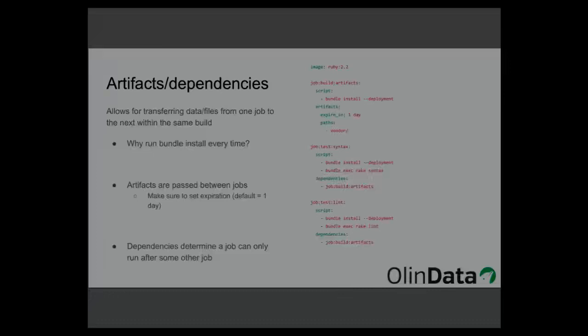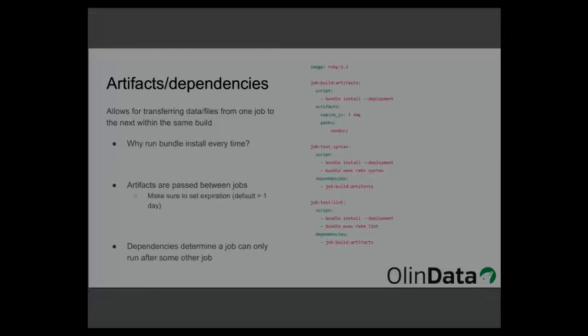So everything that's in the vendor path will, after this job is done, be zipped up and sent to GitLab, where this job then downloads it, because these jobs can actually be running on different runners, on different physical machines, on different virtual machines, on different Docker instances. So they're communicated back and forth.